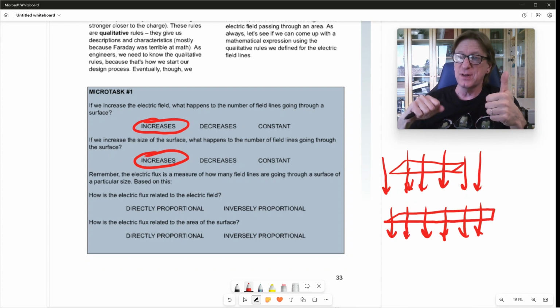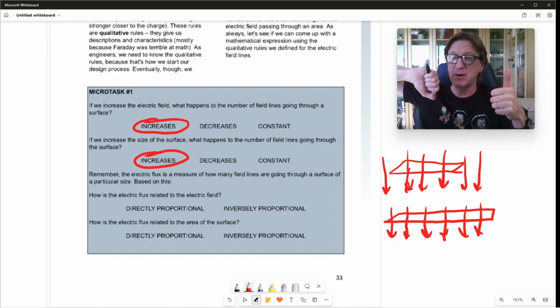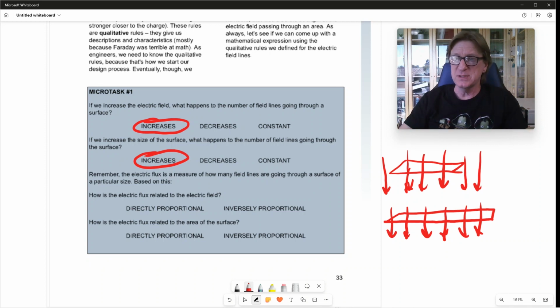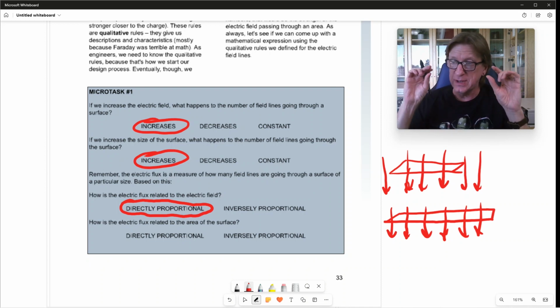If I increase the flux, does the electric field increase? Or as I increase the number of field lines, does it decrease the electric field? Pause the video and think about that. Well, sure, I'm getting more through there, so they must be directly proportional. And that tells me when I'm making a mathematical expression, the electric flux and the electric field both need to be in the numerator so that they'll be directly proportional.